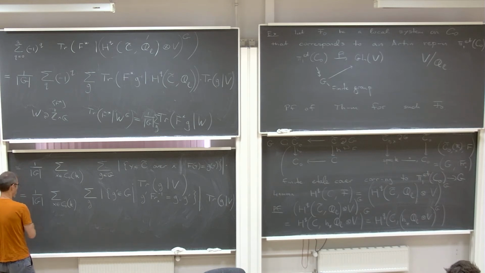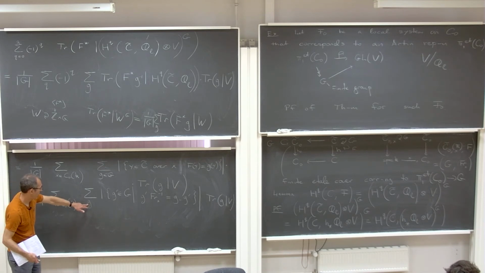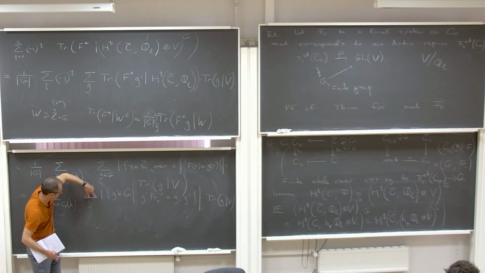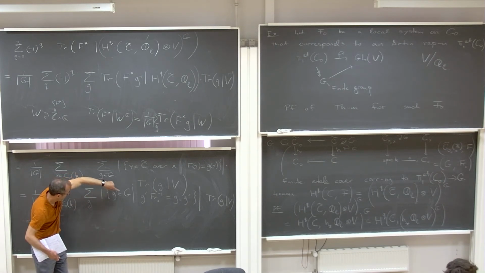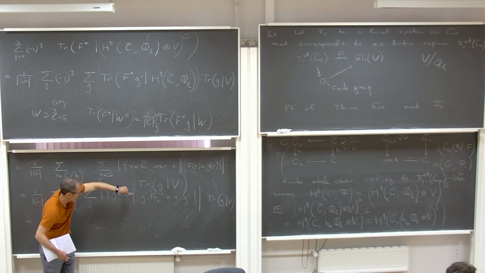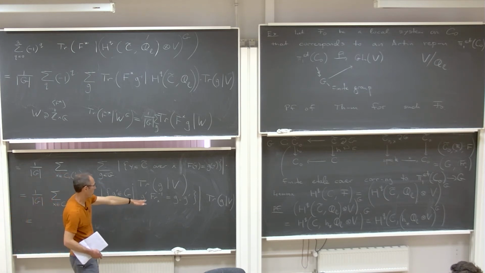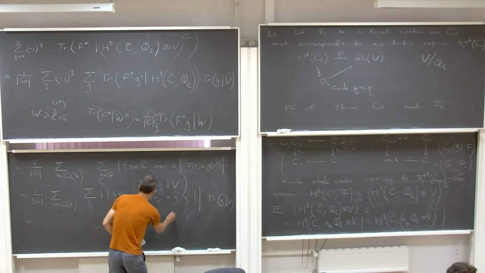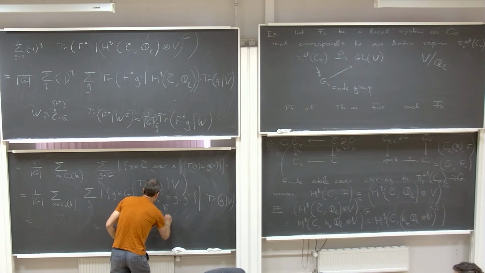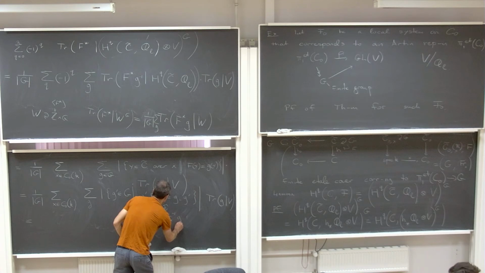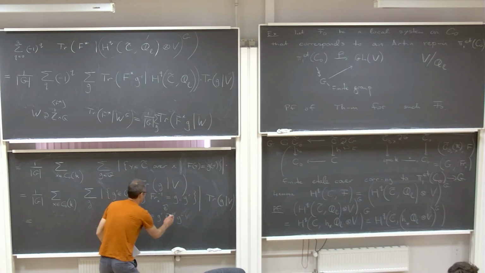So this is a double sum over elements of G. G runs over all elements of G, and G prime runs over all elements. Notice that this condition can be rewritten. This is equivalent to saying that G is conjugate: G prime Frobenius X inverse, G inverse, G prime inverse.